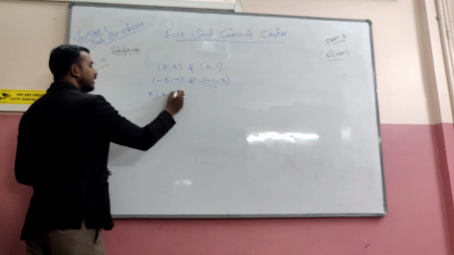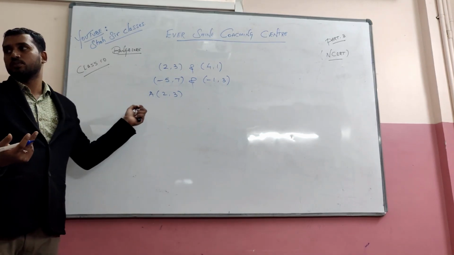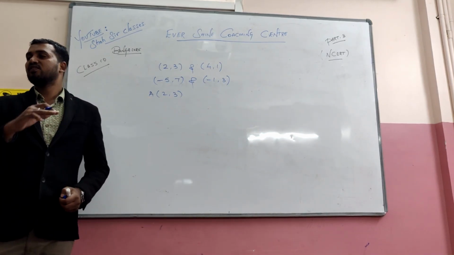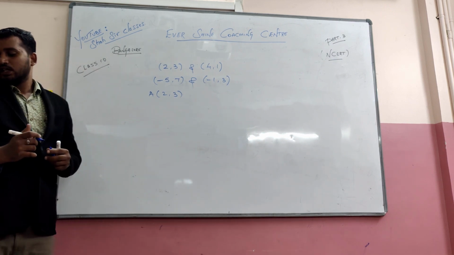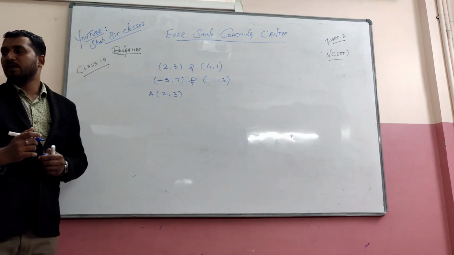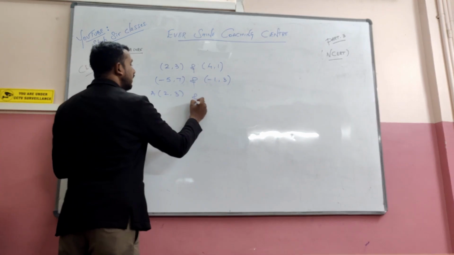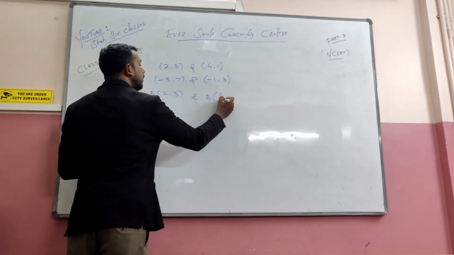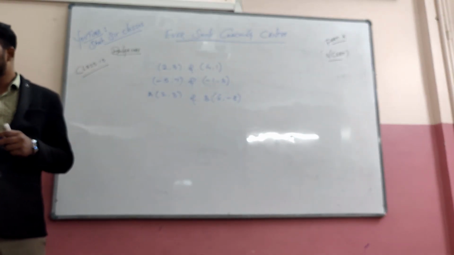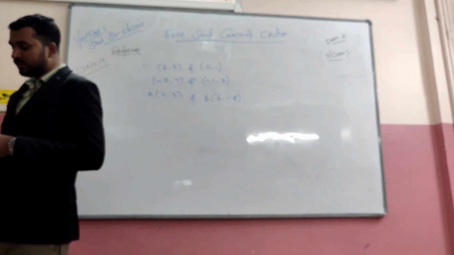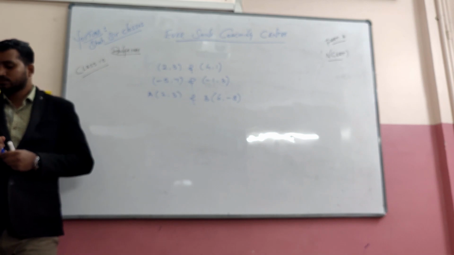See, first only he has given in the question itself. So you don't need to assume. You have to use same name. If they say P, you have to use same alphabet. Okay? A of 2, 3 and B of 6, minus 8.